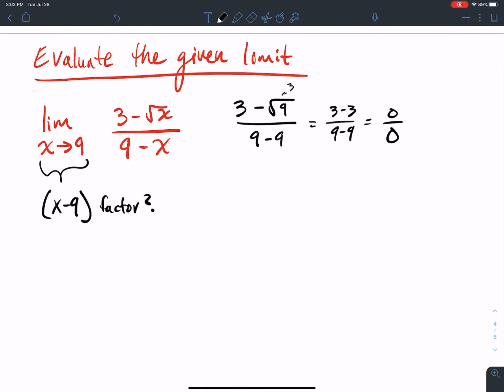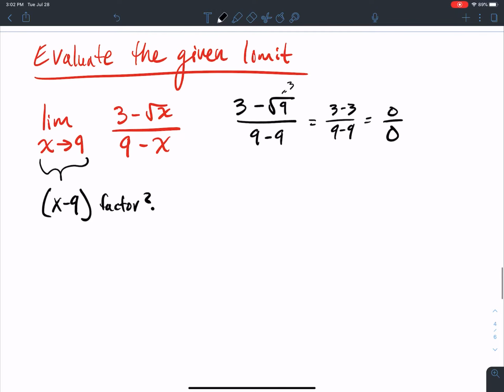I don't really see that in the denominator unless I factor out a -1, right? So we're kind of stuck here. There's a very tricky way to factor this denominator here. But an easier way potentially to do this is to multiply by something we call the conjugate.